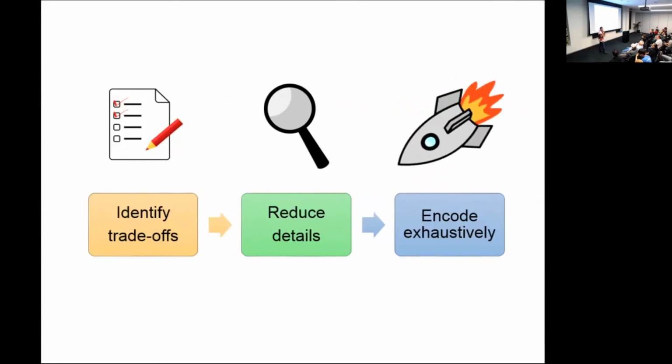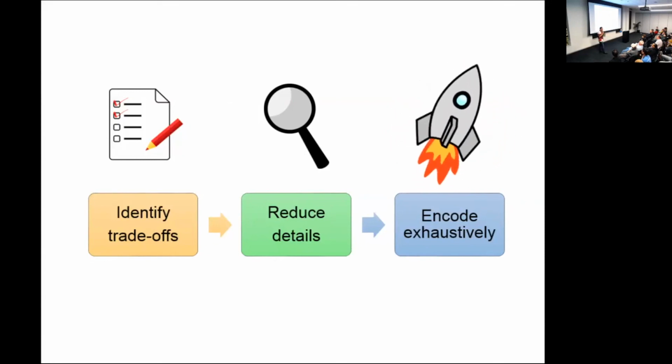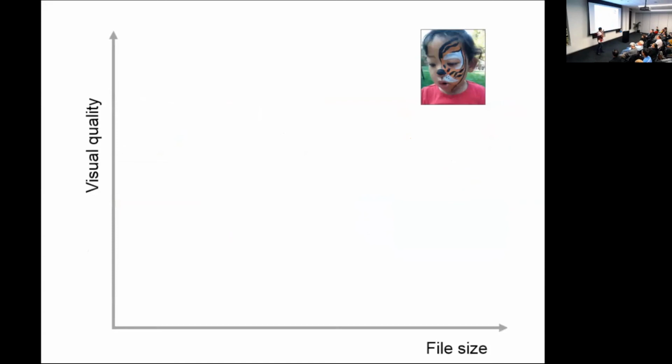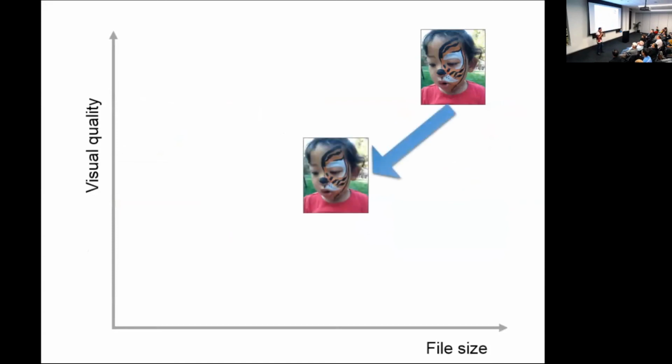And then after that, apply some techniques to reduce the details, because as long as it fulfills your constraint, you should be able to live with it. And then use some form of encoder that does exhaustive work, so that everyone can benefit from that compression, while you need to do this only one time. Again, just to summarize the technique: we try to reduce the file size and the quality just a little bit, so nobody notices that.